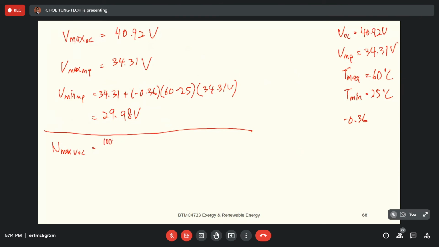So 1000 divided by 40.92 watt. 800 divided by 34.31 watt. 480 divided by 34.31.